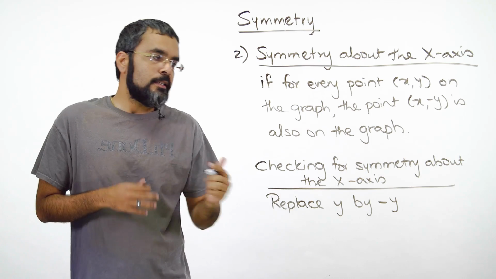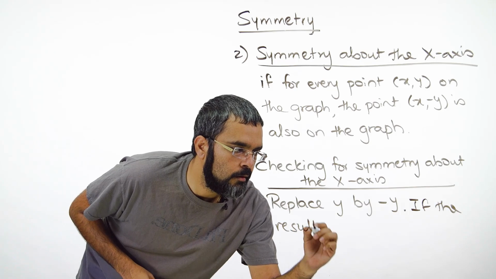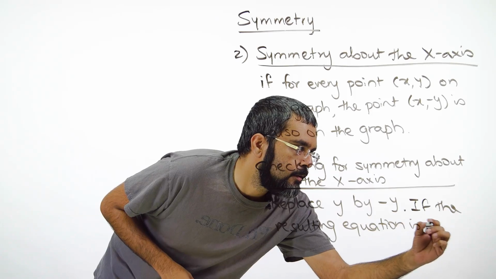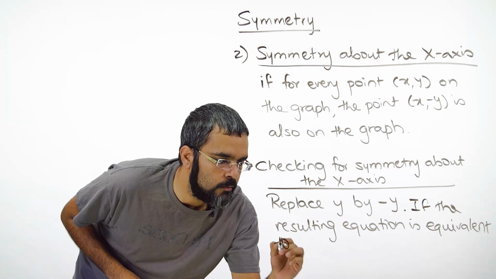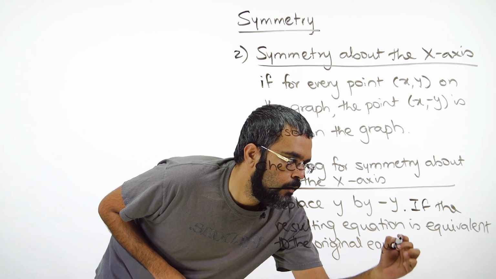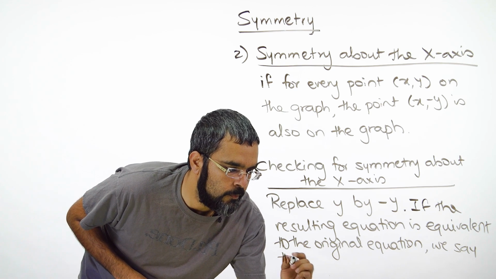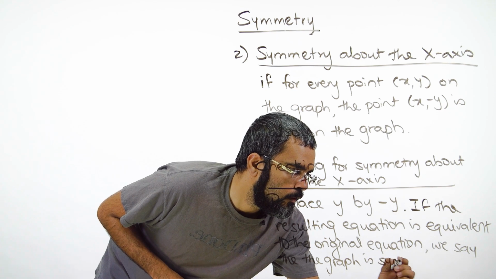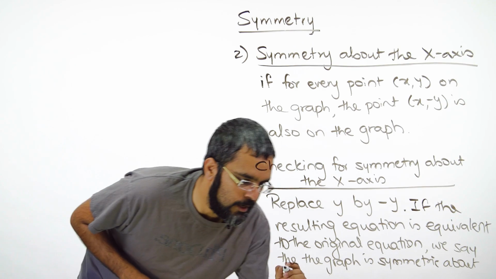And if the resulting equation is equivalent to the original equation, we say that the graph is symmetric about the x-axis.